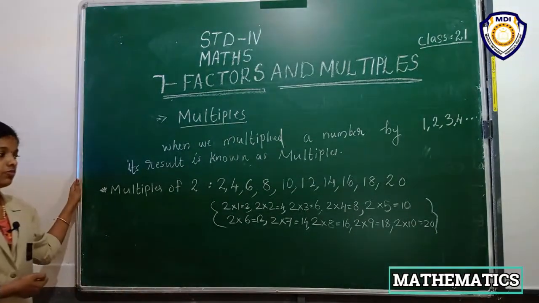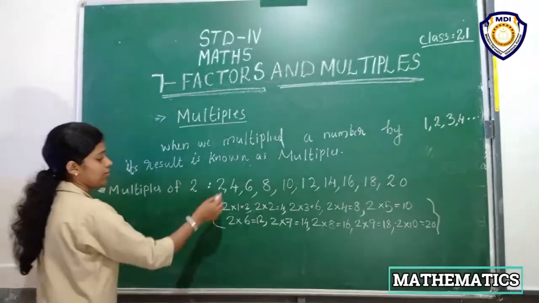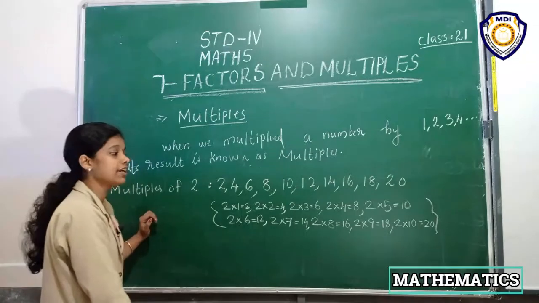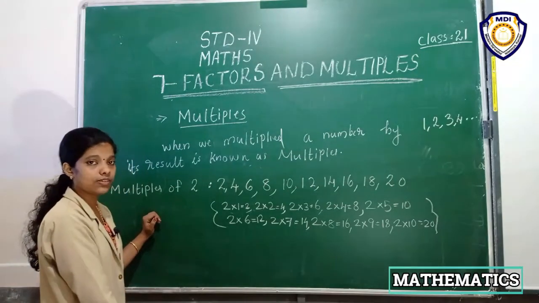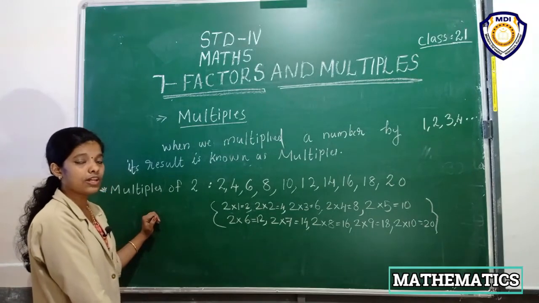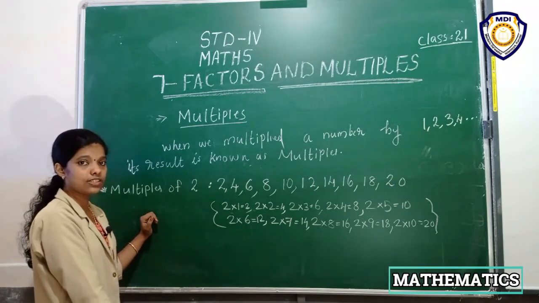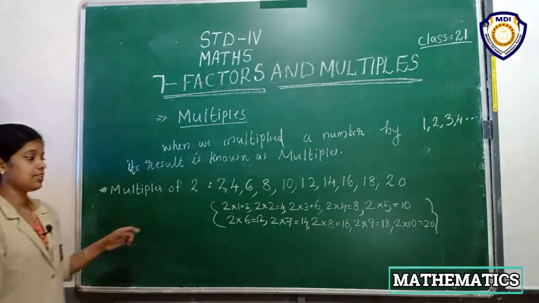How do we get the answer? 2 ones are 2, 2 twos are 4, 2 threes are 6, 2 fours are 8, 2 fives are 10, 2 sixes are 12, 2 sevens are 14, 2 eights are 16, 2 nines are 18, 2 tens are 20. Write it.